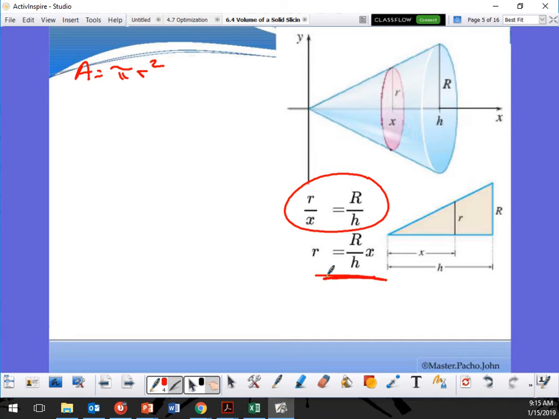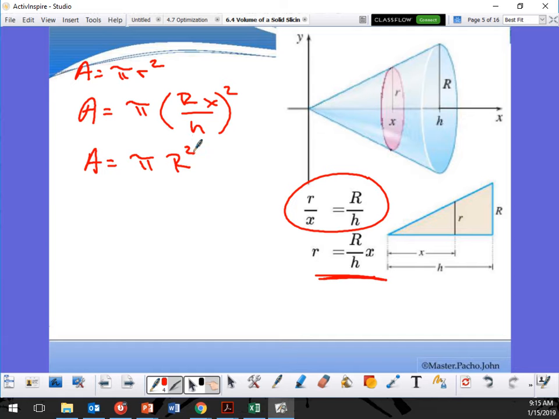If I replace that, the area is equal to pi, and my r is going to be all of this, capital R x over h, all squared, right? Yes? Okay, good. So it's going to be area equals pi r squared x squared over h squared.